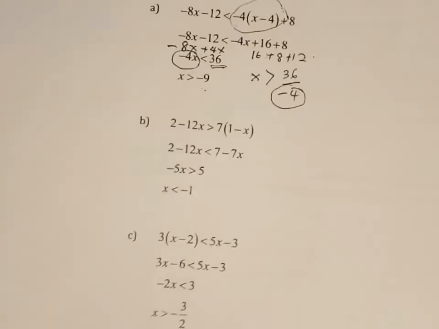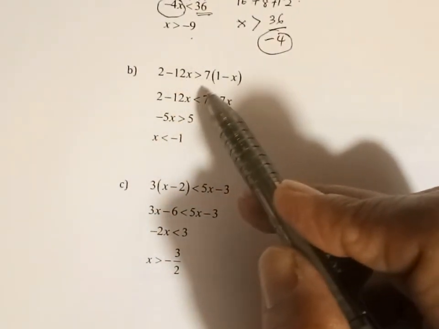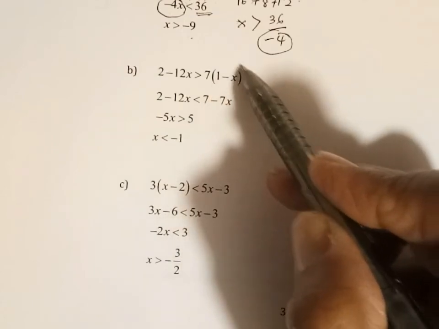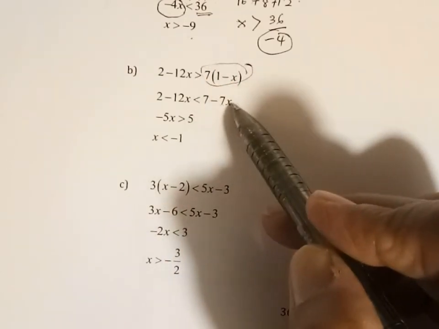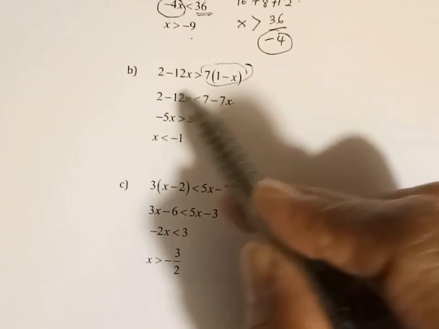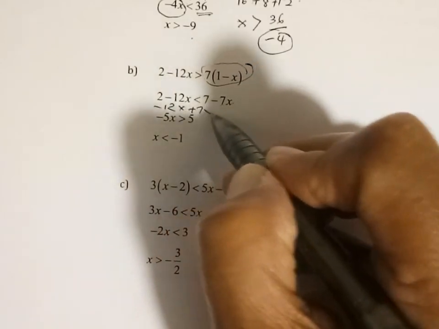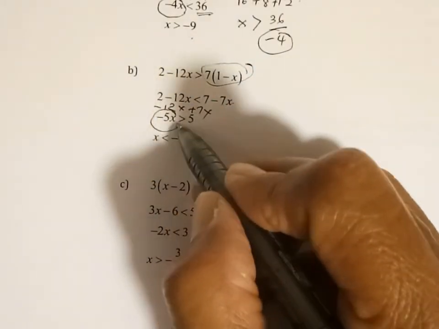Okay, next is 2 minus 12x greater than 7 times (1 minus x). Solve this one first: 7 minus 7x. So we have 2 minus 12x greater than 7 minus 7x. Bring all coefficients of x to the left side: minus 12x plus 7x on the left side, so it becomes minus 5x.